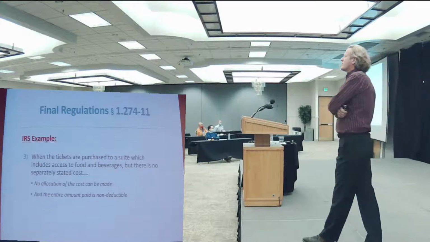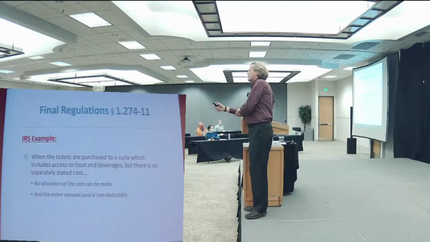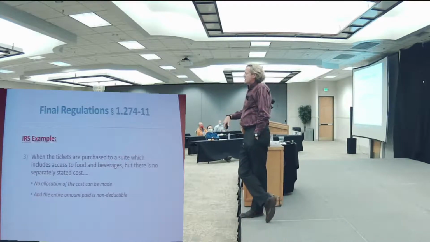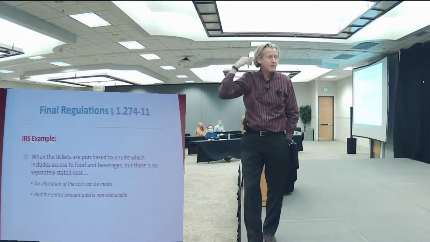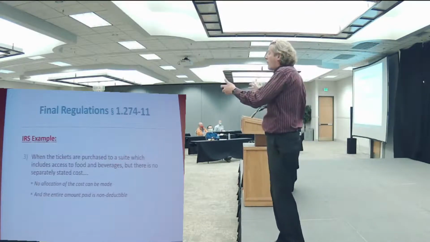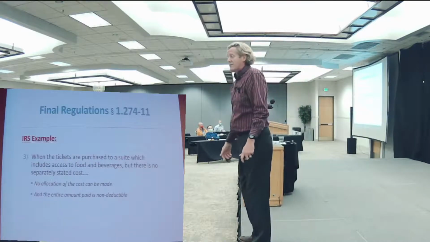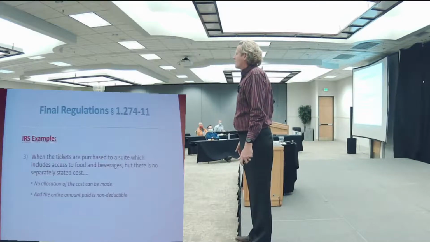When you purchase tickets to the luxury box or suite at the ballpark or the arena, which gets you admission, and you got nice seats and you can see the stage or the football field or whatever, and it has not only food and drinks brought in there for everybody, but the best part of the luxury box, and I've done this twice, is that there's a bathroom in there.